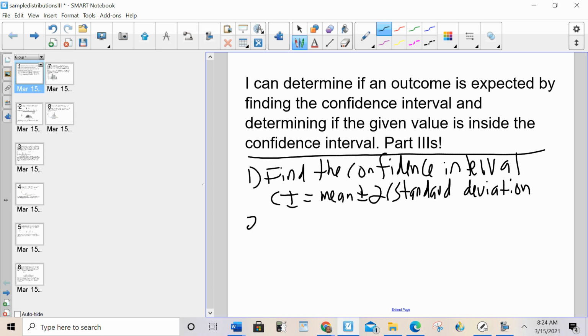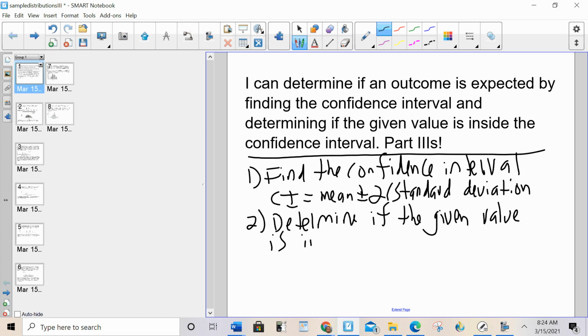And then you're going to determine if the given value is inside or outside of the confidence interval.